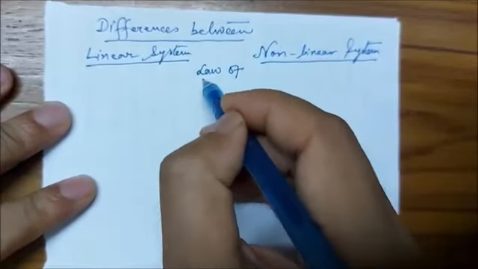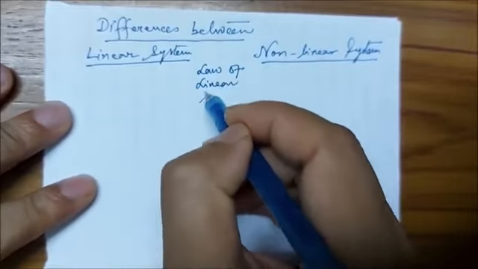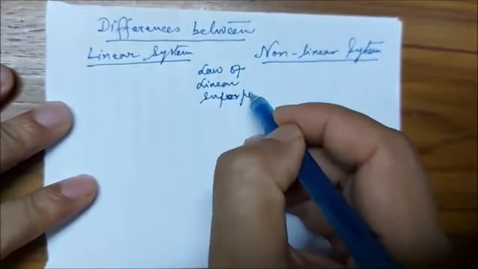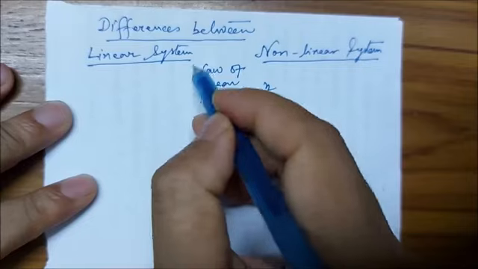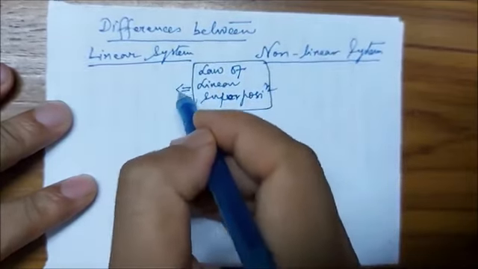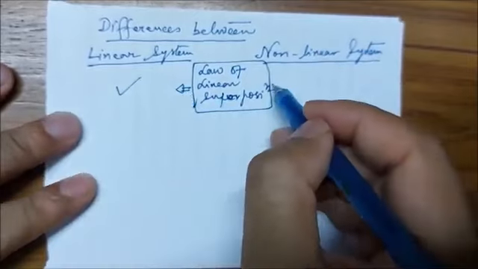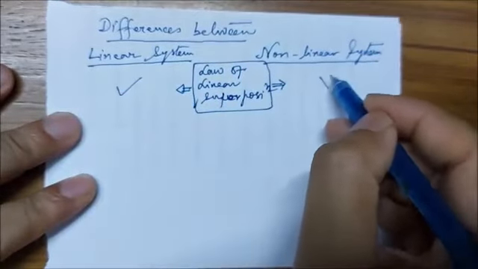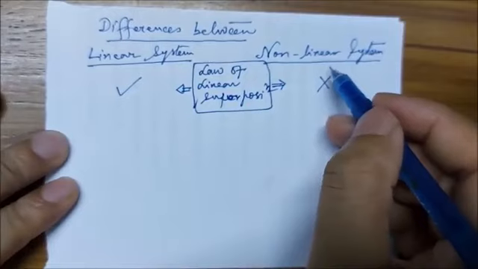Law of linear superposition, this is obeyed, but linear superposition is not obeyed for a non-linear system.